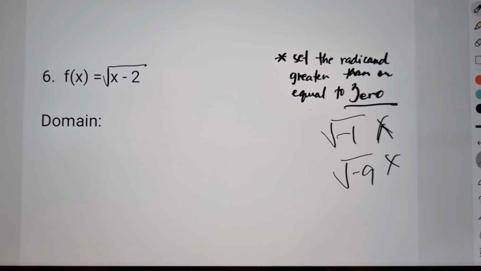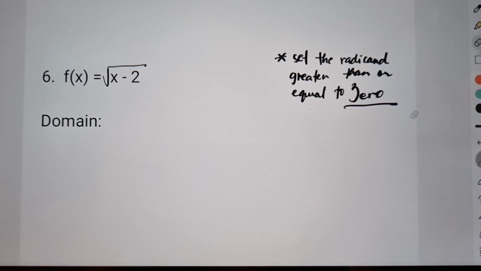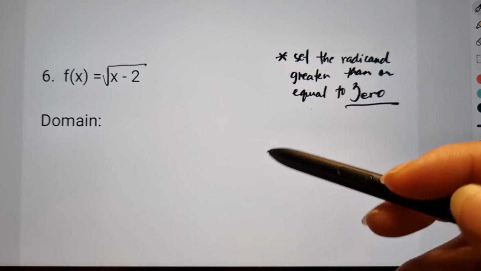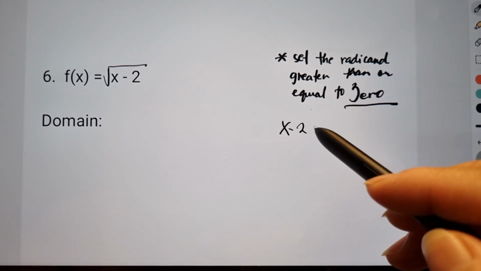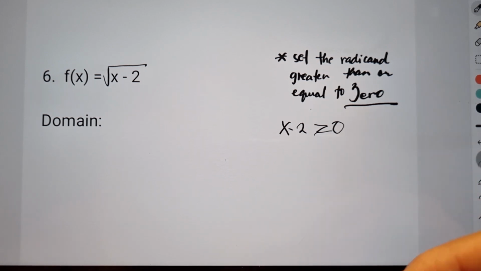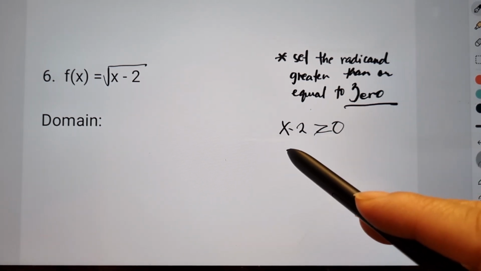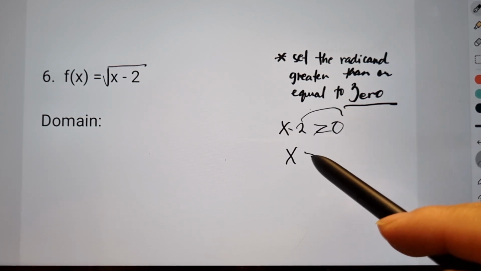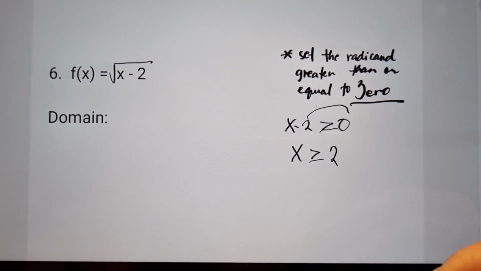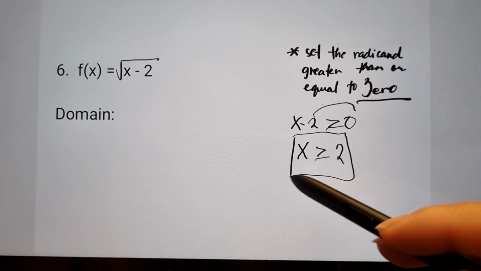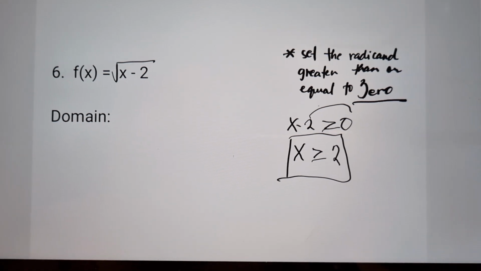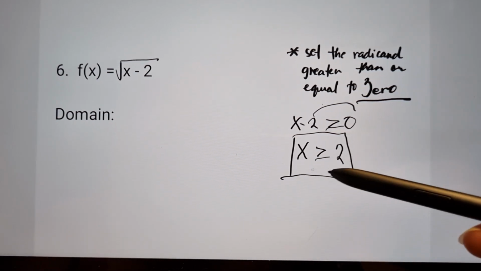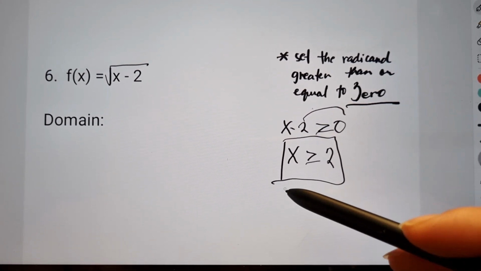So ang gagawin lang natin dito is to set the radicand greater than or equal to 0. So x minus 2 should be greater than or equal to 0. And then we can now solve for x. Lipat lang yan sa kabila, magiging greater than or equal to positive 2. Ibig sabihin, dapat ang values ng x natin ay greater than or equal to 2.